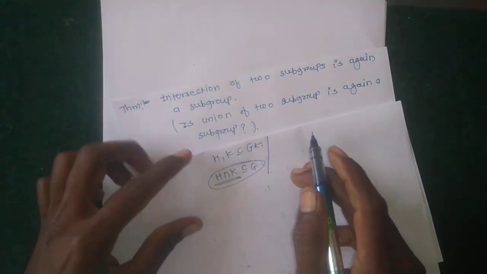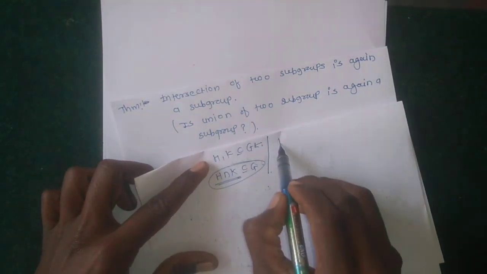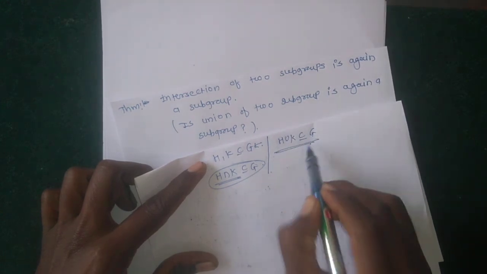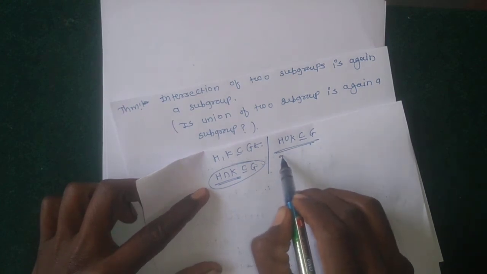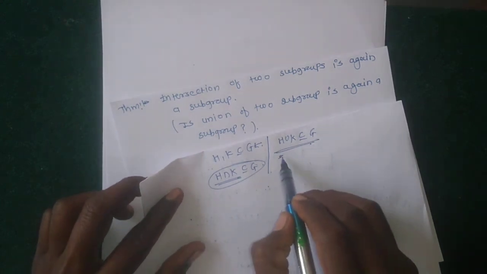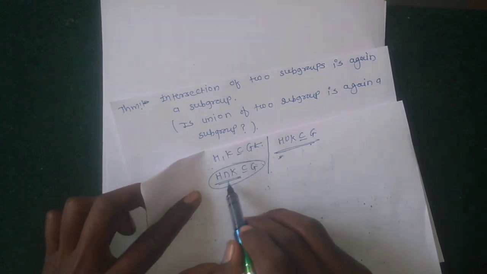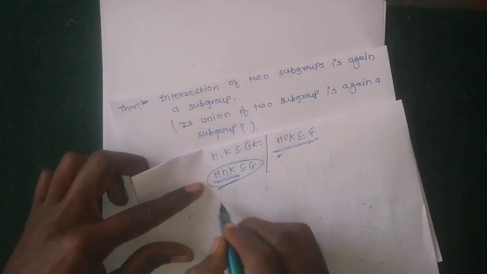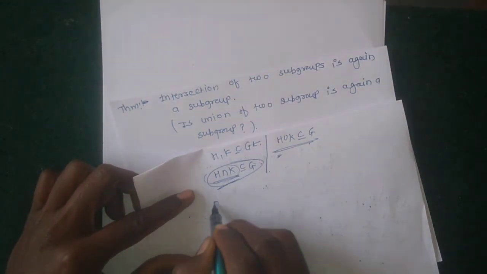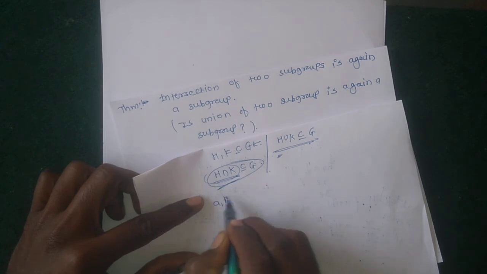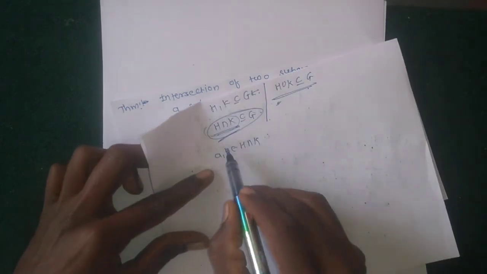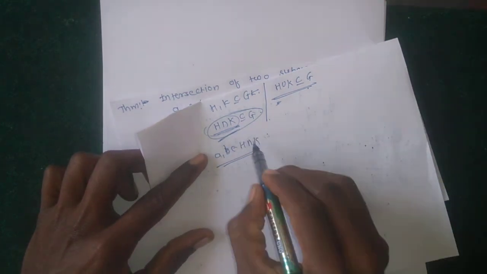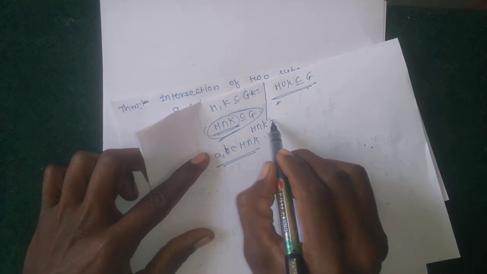But is the union of two subgroups, meaning H union K, a subgroup or not? If it is not a subgroup, then we give a counterexample which fails this condition. To show that H intersection K is a subgroup, suppose a and b belong to H intersection K. First, H intersection K is non-empty.